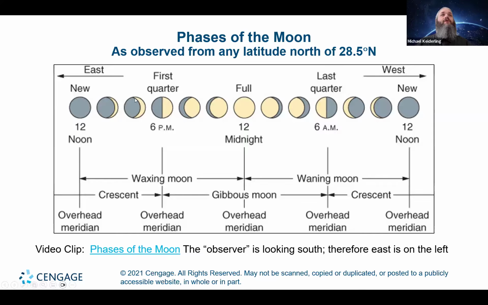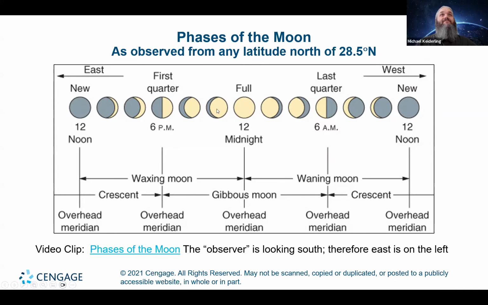So new, waxing crescent, first quarter. It's first quarter because it's the first quarter of the way around the orbit for the moon, the first quarter of the month. Waxing gibbous, full moon.